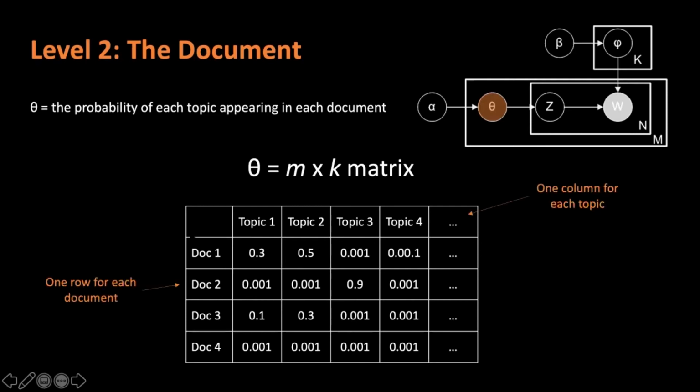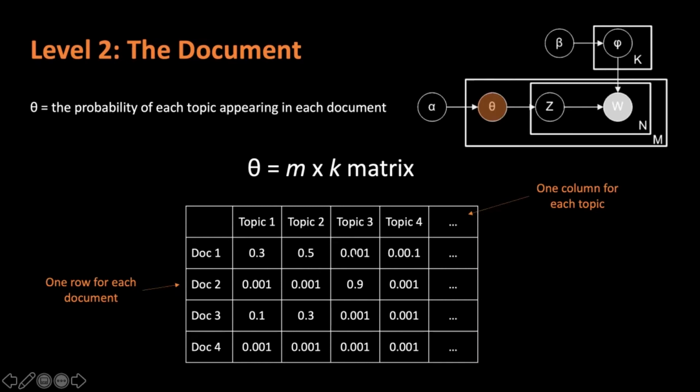So you can see document 1 is about 30% made up of words in topic 1 and about 50% made up of words in topic 2. And again, because nothing can ever be 0 in a topic model, this is why it's a probability and not just a count of how much each topic appears in each document. Topic 3 and topic 4 are at some arbitrary set minimum.